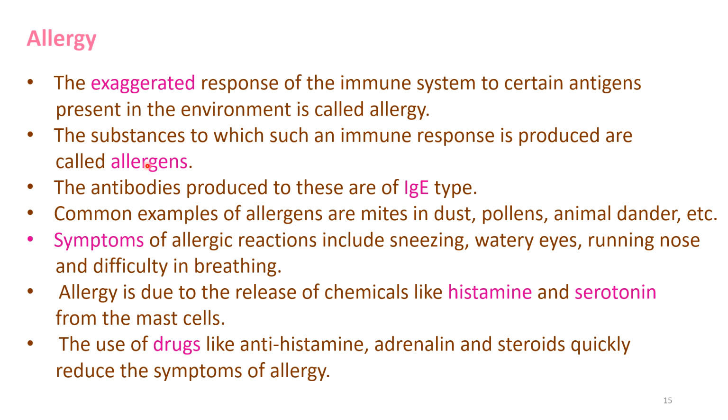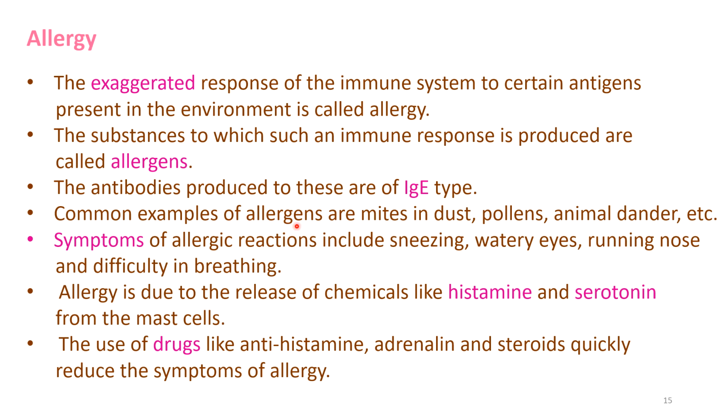Actually, these environmental allergens are not very harmful, though our body gives an over-response to them, leading to development of allergy symptoms. In allergic reactions, the antibodies produced are of IgE, immunoglobulin E type.